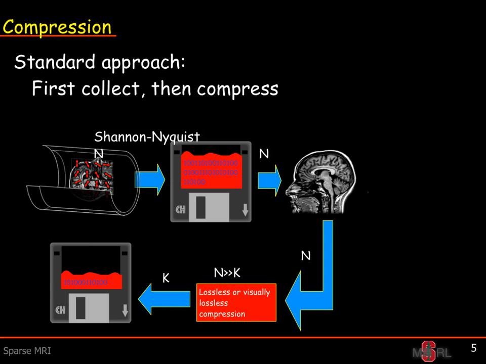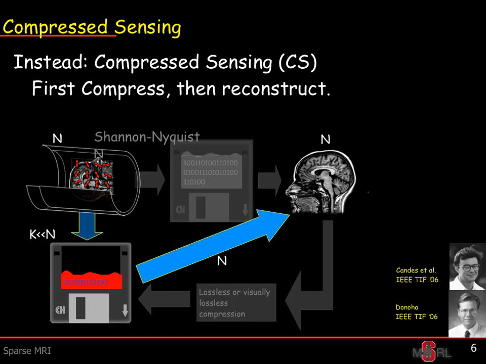In compressed sensing, we try to skip this step. Can we instead just take some number k samples, which is many, many less than the actual number we want to reconstruct, and then from that synthesize the entire set of voxels in the image?